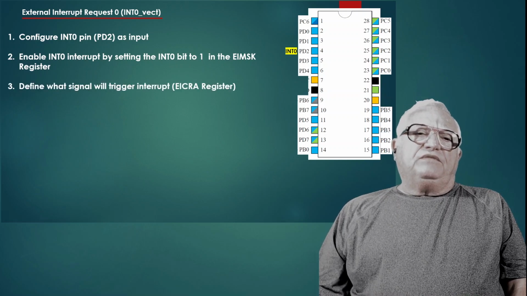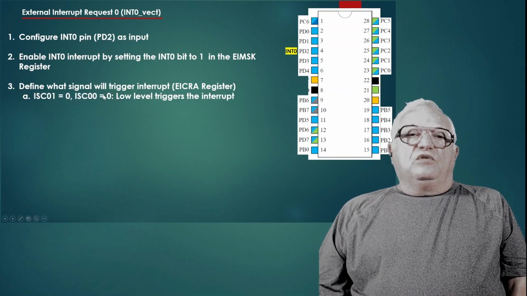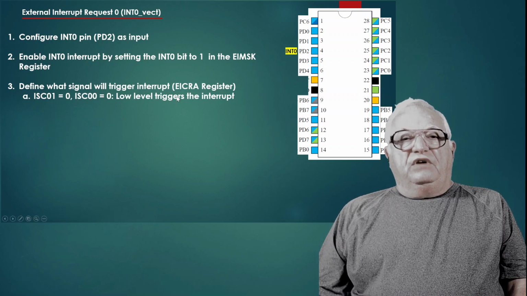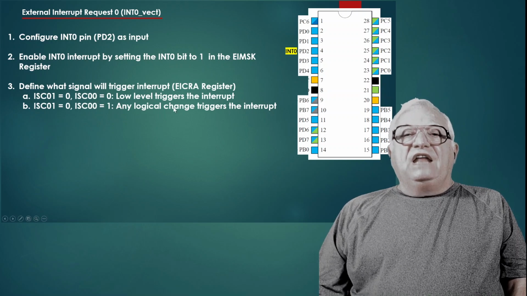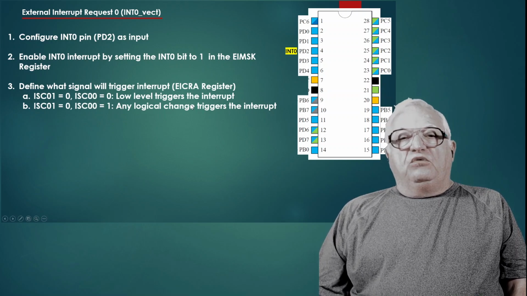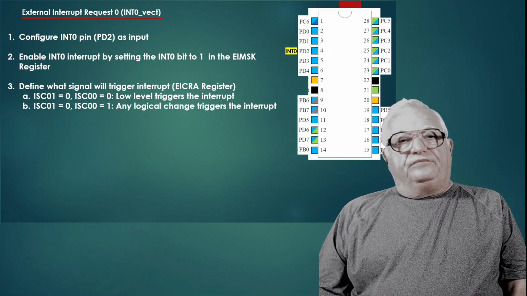Next, we need to define what signal will trigger the interrupt. You can configure it so that a low level triggers the interrupt, or we can configure it in such a way that any logic change triggers the interrupt. That would mean the signal going from high to low or low to high.